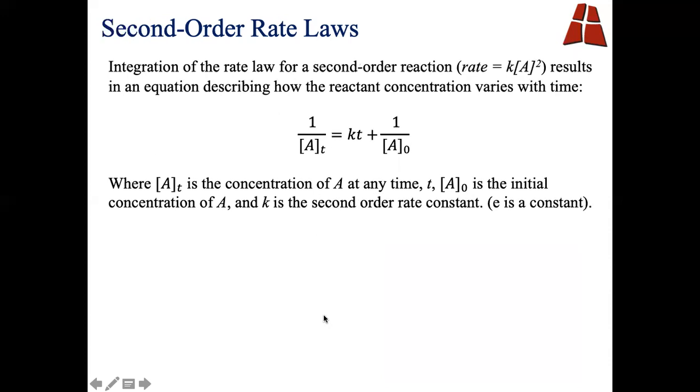For second order, in this case, again, we have our rate being equal to some constant and then some reactant squared. So if we integrate that, we get this as our integrated rate law, where we have the inverse, or 1 over our chemical at any time, being equal to kt plus 1 over the initial concentration of that chemical.